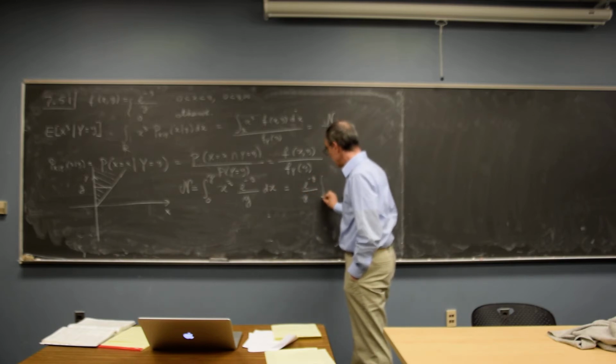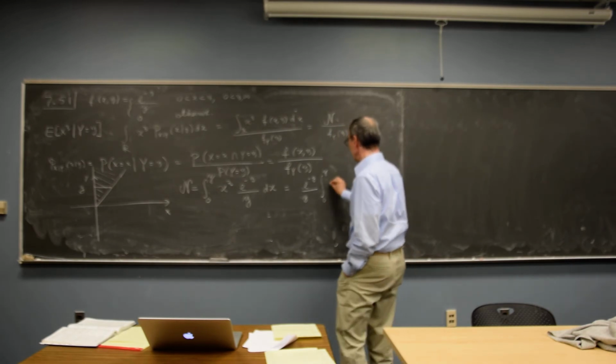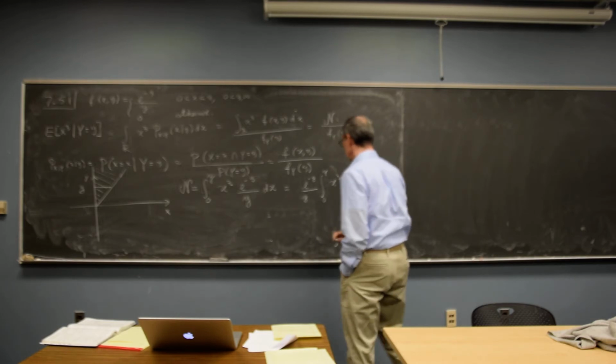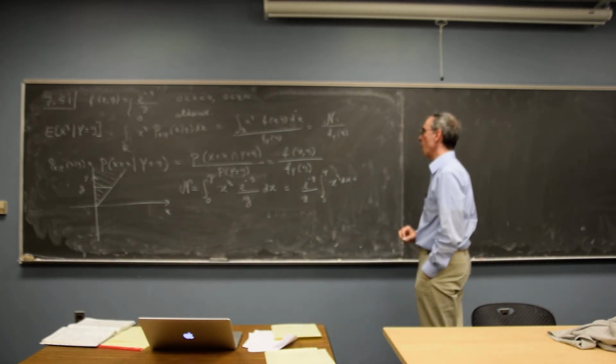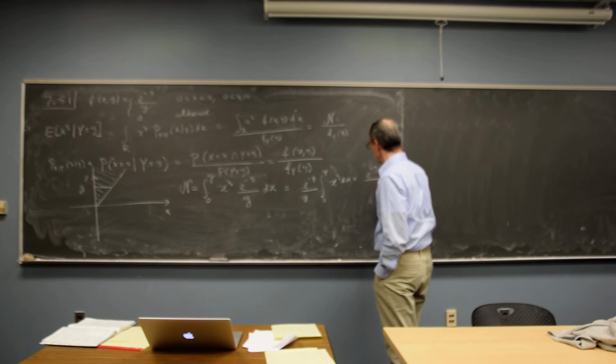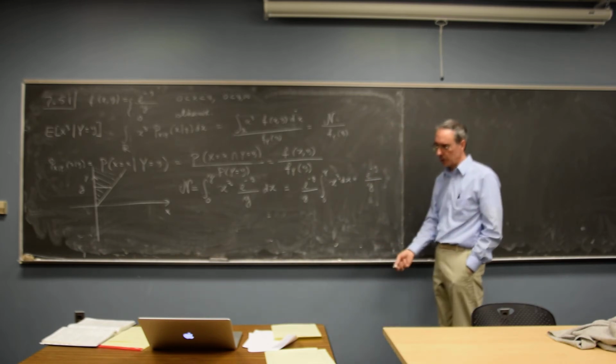And then there's an integral from 0 to y of x cubed. And that's e to the minus y divided by y times the integral of x cubed, which is x to the 4 divided by 4.